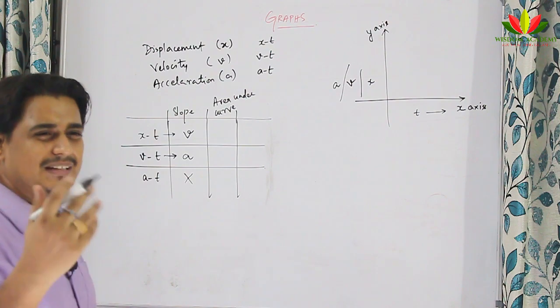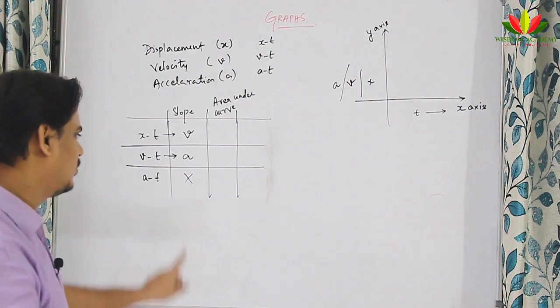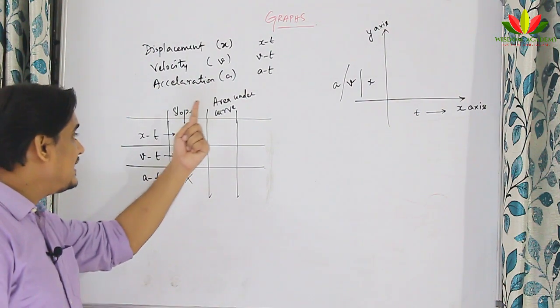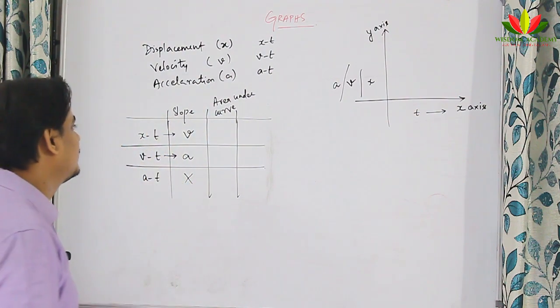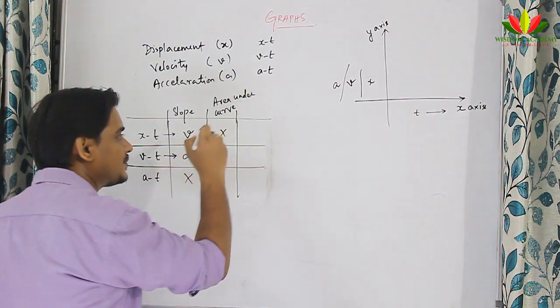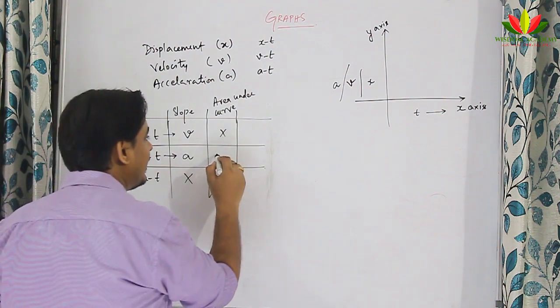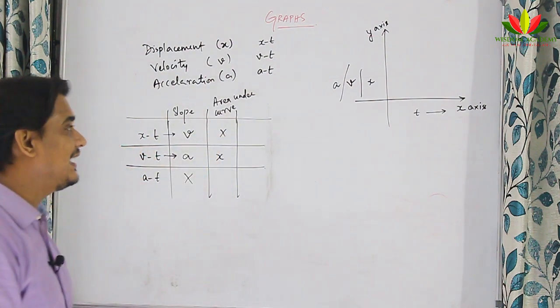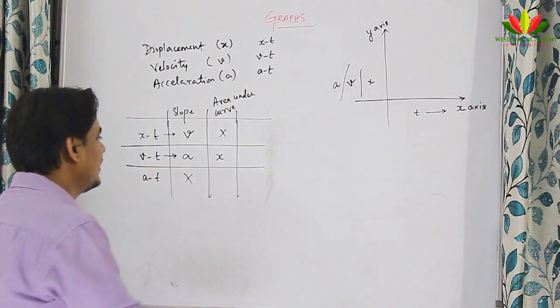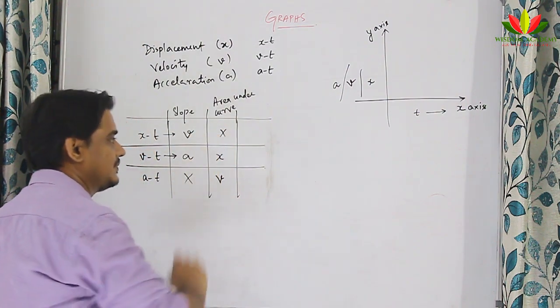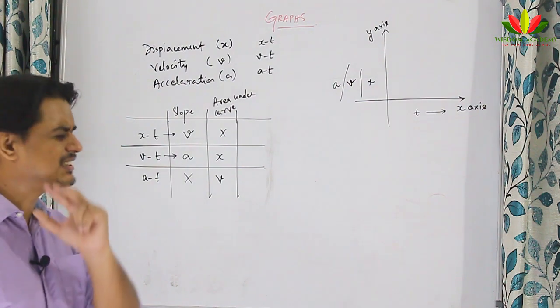It is called jerk, but not required for your class. So no information. Area under xt graph does not give any information. Area under vt graph gives the value of displacement, and area under at graph gives the value of change in velocity.